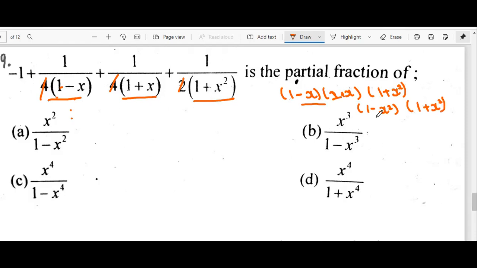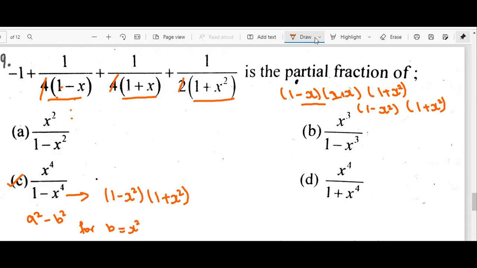Okay, so we know that this basically is 1 minus x square, and we have 1 plus x square, right? So clearly we can see that this type of a thing can be seen in C option, because if we open this, we are going to get 1 minus x square and 1 plus x square, because it is a square minus b square, okay, for b equals x square.